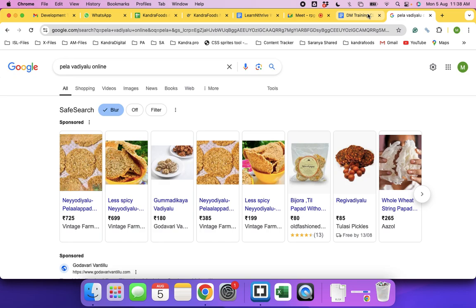Okay. So let's go to the campaigns. I think Srikakulam Appadalu we have launched. Okay, anyways, so let's go to the campaigns, all campaigns.